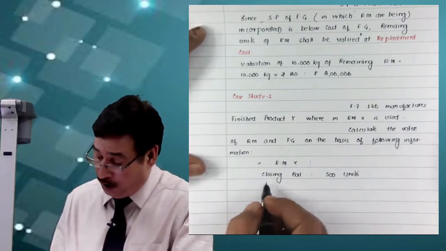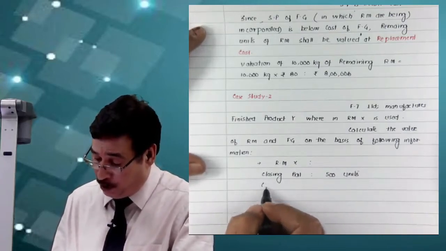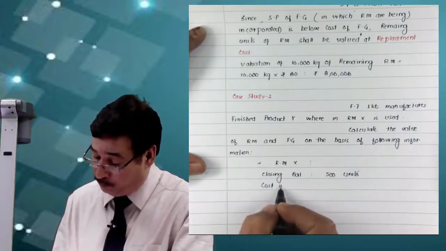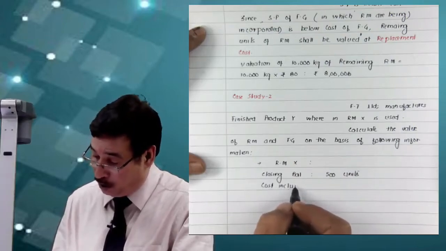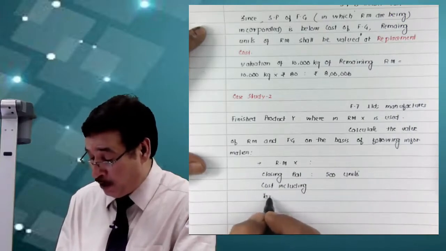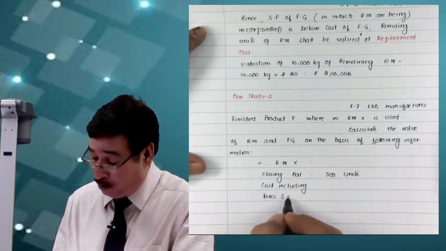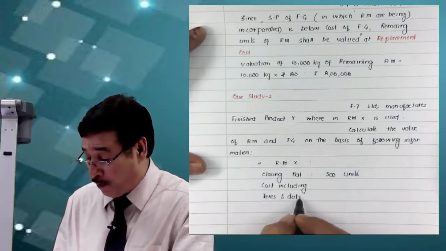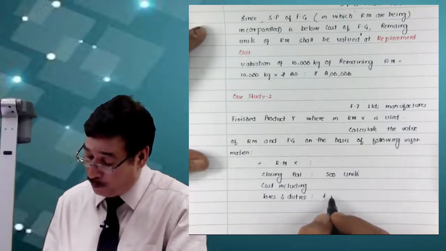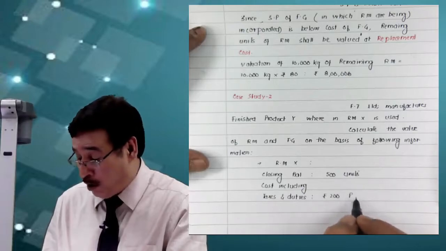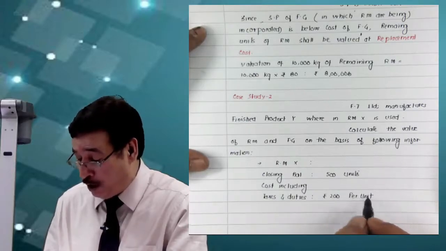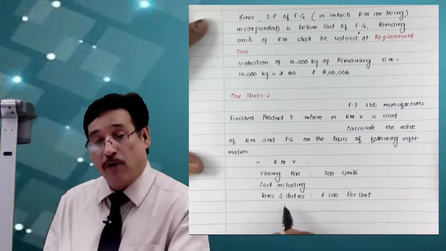Then let me write cost including taxes and duties. So cost including taxes and duties, that is rupees 200 per unit. One unit of raw material, correct, is costing rupees 200 per unit.